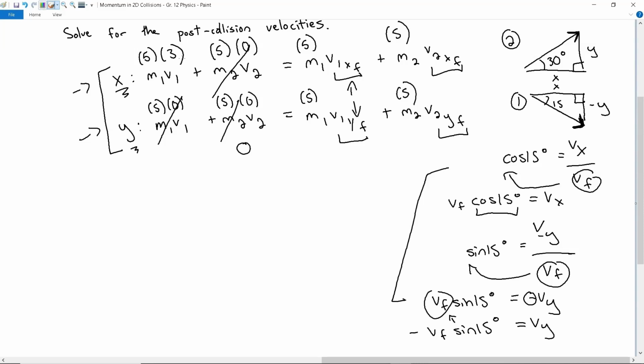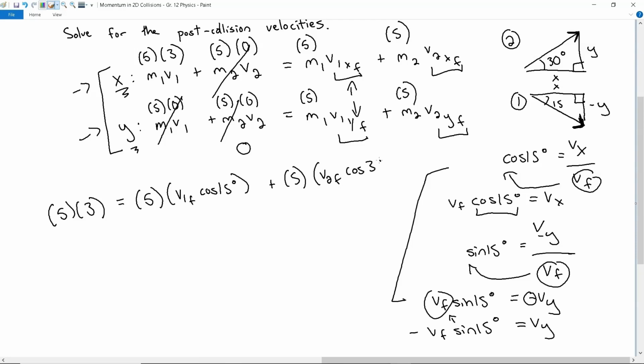So using this trick, I'm going to rewrite these two equations. And let's see how that looks. All right, let's get to it. 5 times 3 equals 5 times V1F cos 15 plus 5 times V2F cos 30. And these sections here are just new representations for our x velocity.